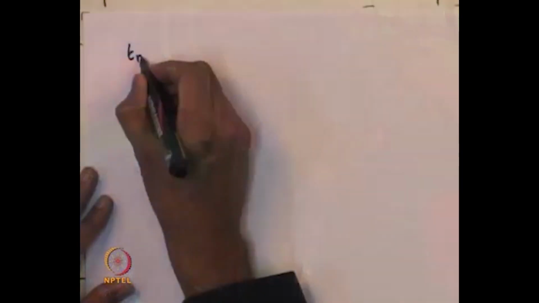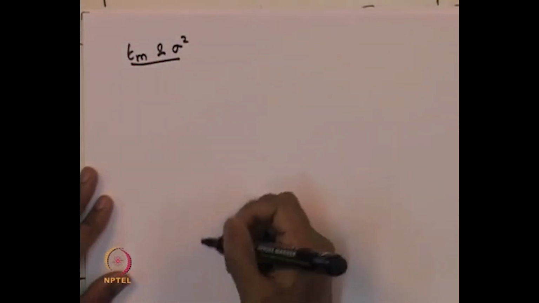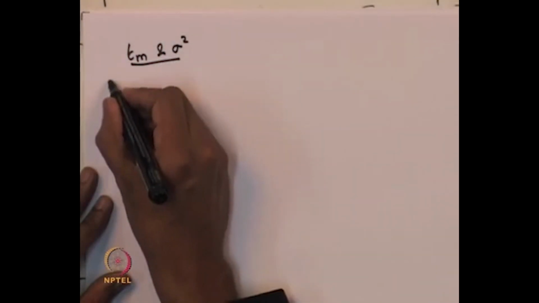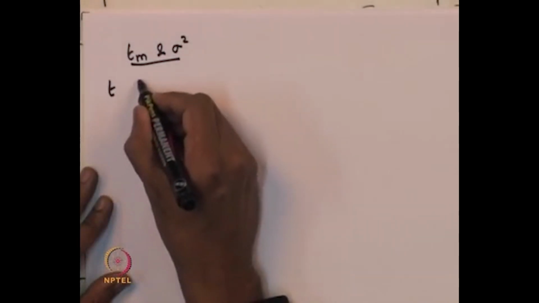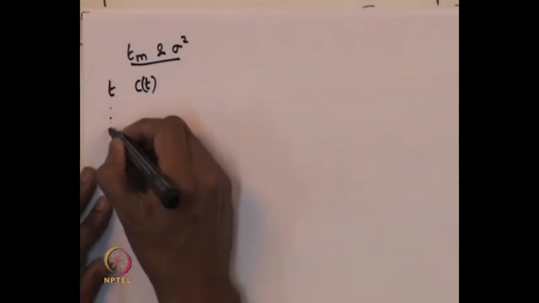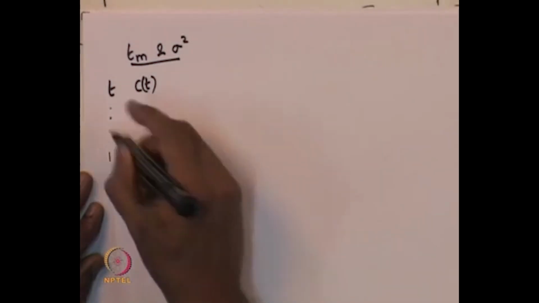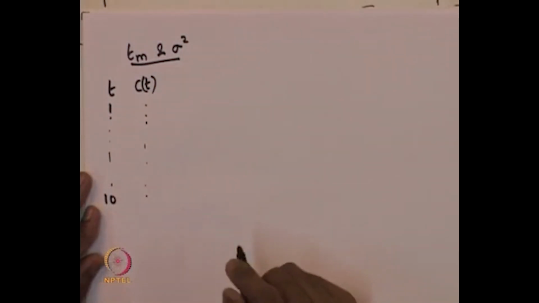Okay. So, let us look at how to calculate the mean residence time and sigma square from the actual data. Normally, the actual data that one would get is the measurement of concentration as a function of time. Let us say that several concentrations have been measured, from time 1 to 10, giving concentration C t.